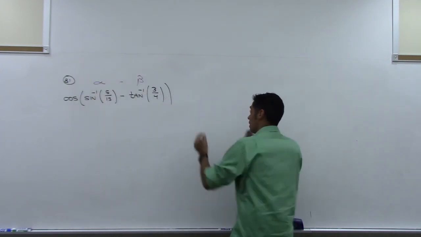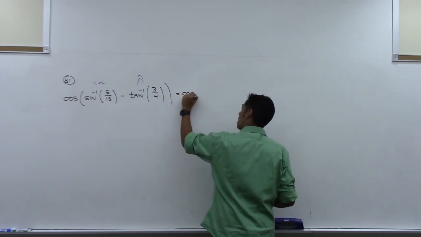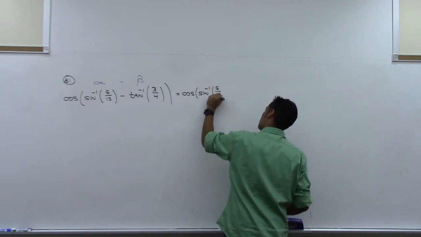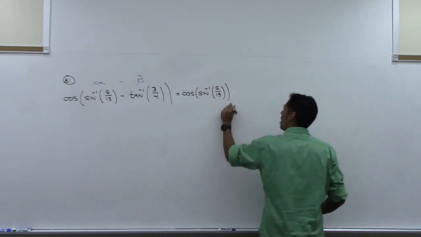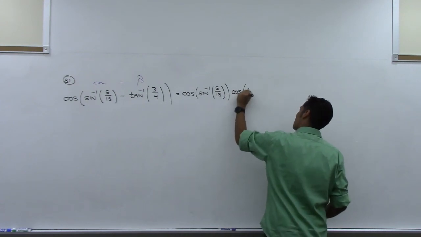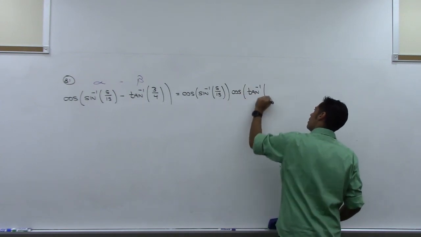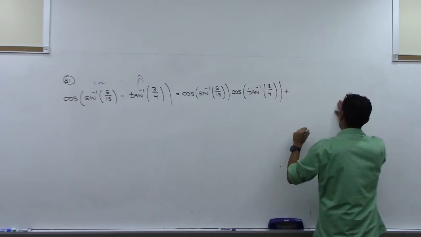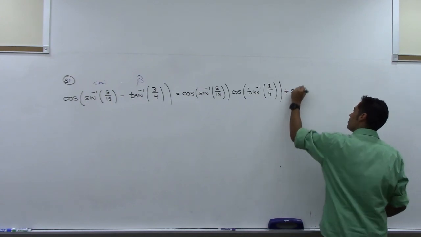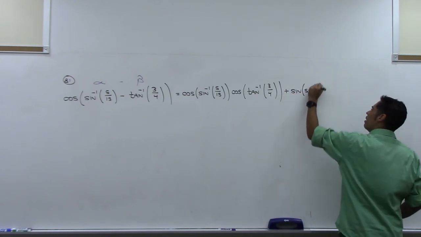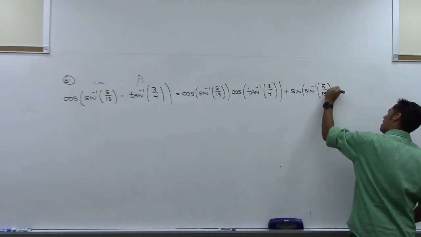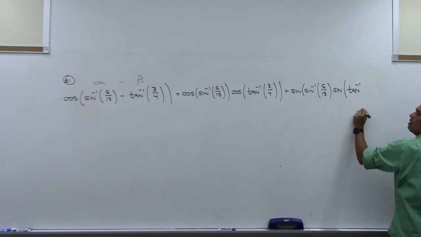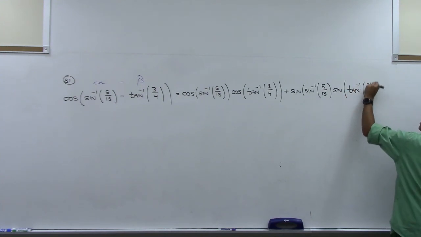And according to the formula, this should be cosine of alpha, so cosine of arcsine of 5/13, cosine of beta, cosine of arctangent of 3/4, and then plus, because of the formula, sine of alpha, so sine of arcsine of 5/13, and then sine of beta, so sine of arctangent of 3/4.